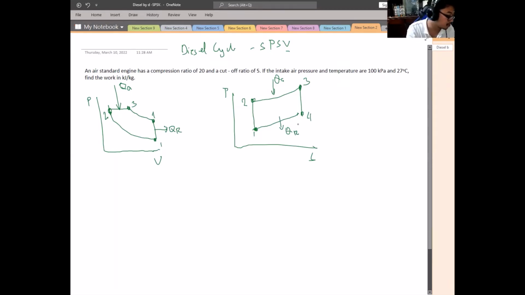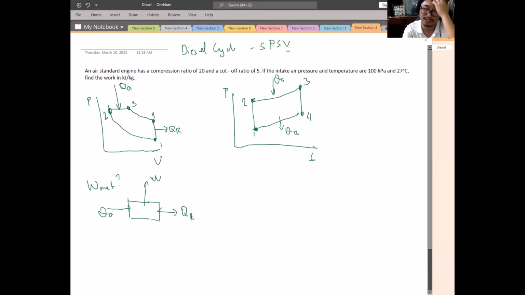Okay, now the problem is the work, so we find the net work. This is the diagram of the whole piston cylinder. We add heat into the system, we produce work, and some heat is rejected to the heat sink.